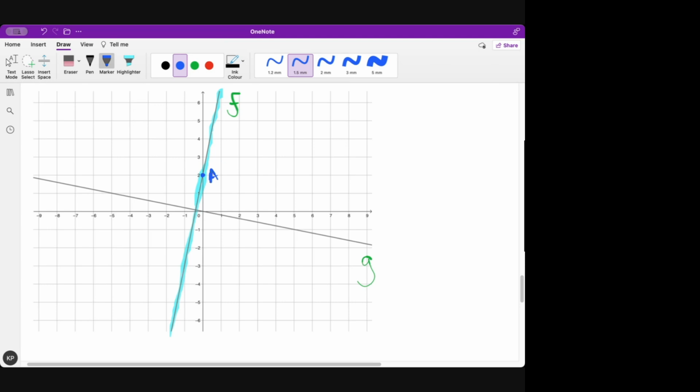Let's find another one. Because to find the gradient, we need two of them, right? So let's find another one. Entle has given us 0, 2. Negative 5 is over here, but that's graph G. But if you say negative 1 and 5, that's all the way up there.